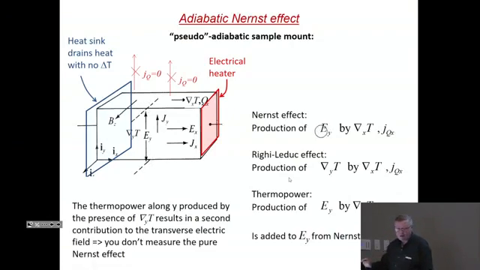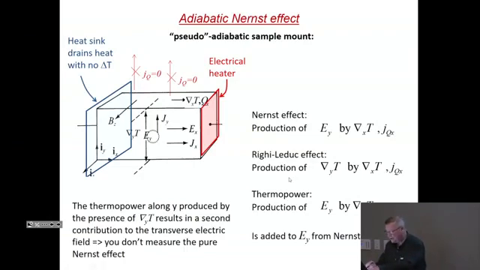So EY has a component that's due to the grad x T, that's the isothermal Nernst. But you have a grad y T that at the same time, because of the same heat flux, arises from the Righi-Leduc effect. Now this grad y T will produce another component to the y direction due to the direct Seebeck effect along y.